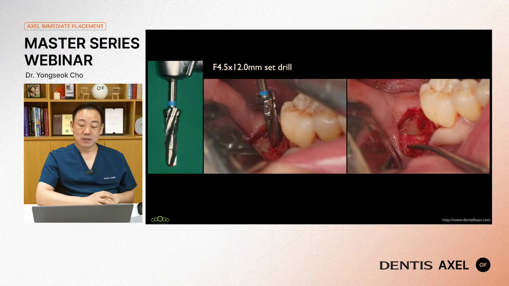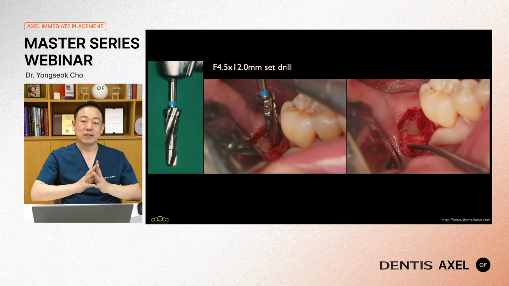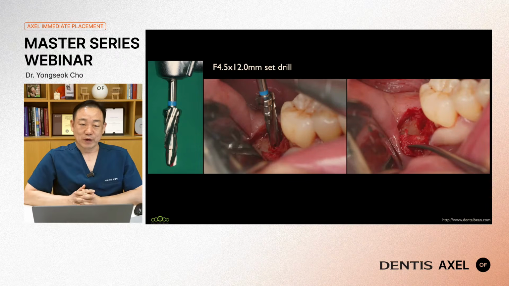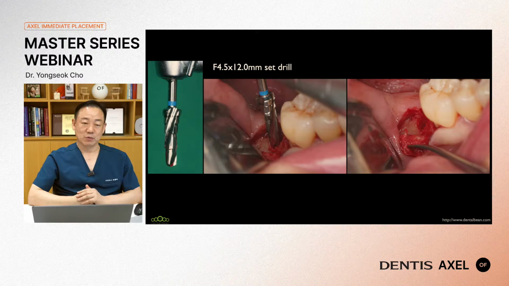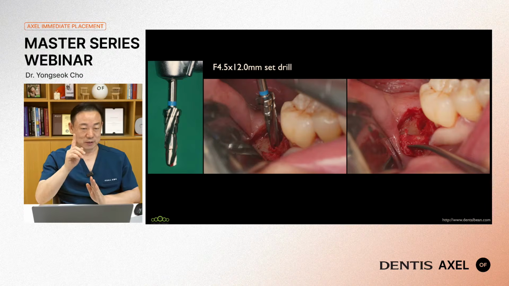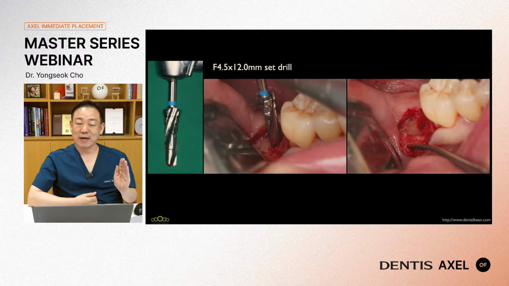In this case, I placed the implant 4.6 by 7.5. However, my drill was 4.5 by 12 millimeter. Because of the convenience of keeping implant angulation without interference first, and second, I will prep the osteotomy sufficiently deep, considering buccal bone height.